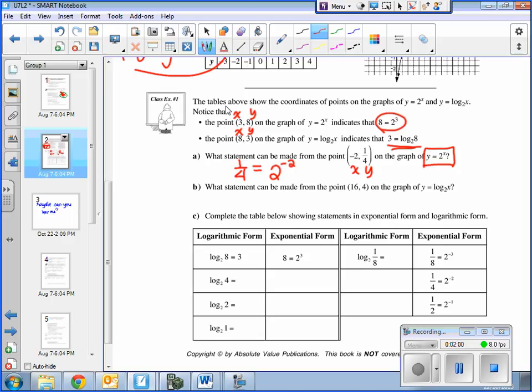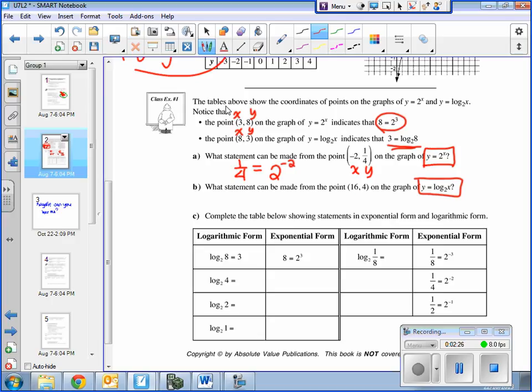Y equals 2 to the x or y equals log of x base 2. So if it's saying that you're using the graph of y equals 2 to the x, you're putting your x and your y into that equation. Okay. So all you're doing is you're taking your x and your y here and putting them into your x and your y there. So if I have the point (16, 4), how can I put that into log of x base 2?